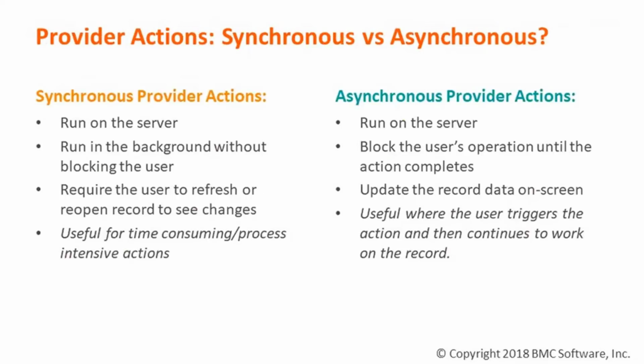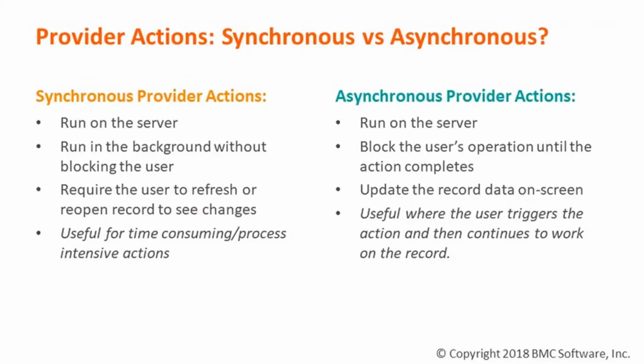So as promised, a quick talk about when you would run something synchronously and when you would run it asynchronously. The synchronous actions are pretty much what we implemented in previous versions, albeit now with the field mappings they're a bit more powerful. They don't block the user.